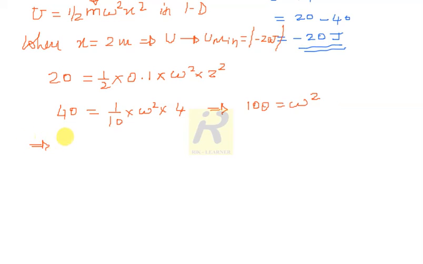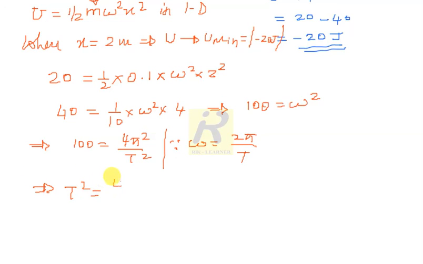Otherwise I can write 100 equals 4 pi square divided by T square, because omega is 2 pi divided by T, so omega square will be this much. Definitely I can write further T square equals 4 pi square divided by 100, and on the RHS we take the root of every term.